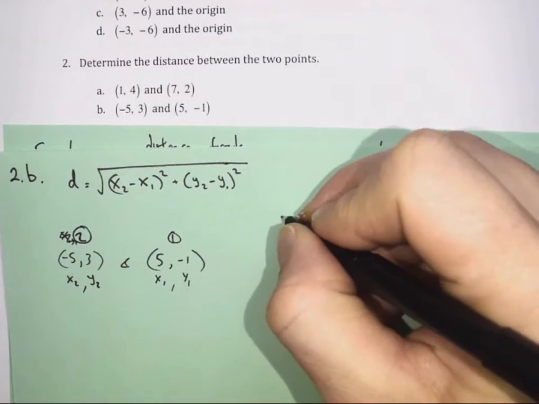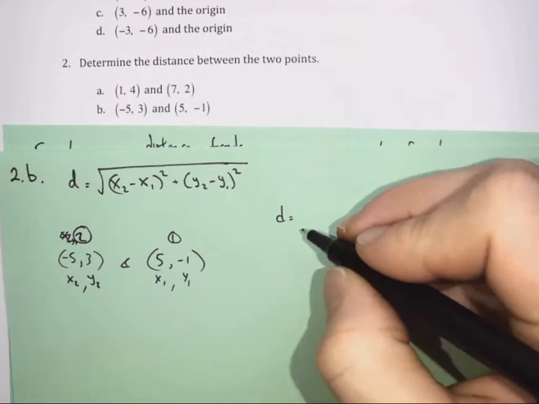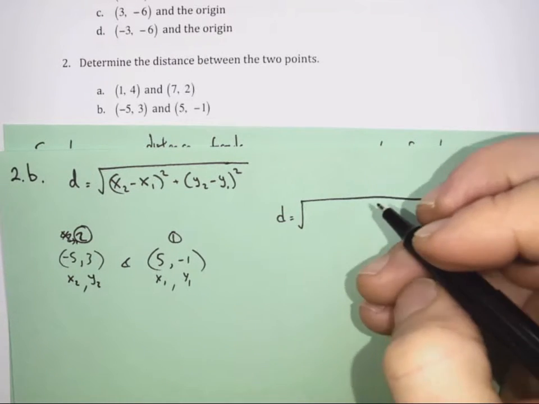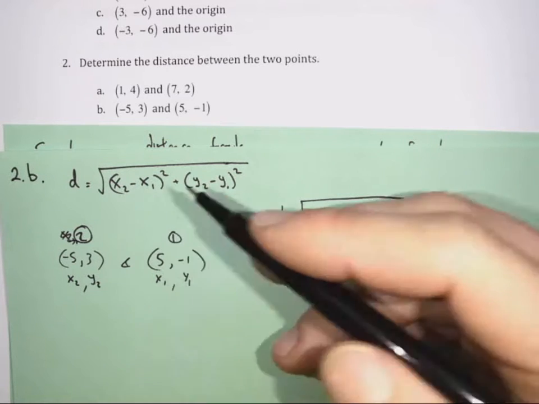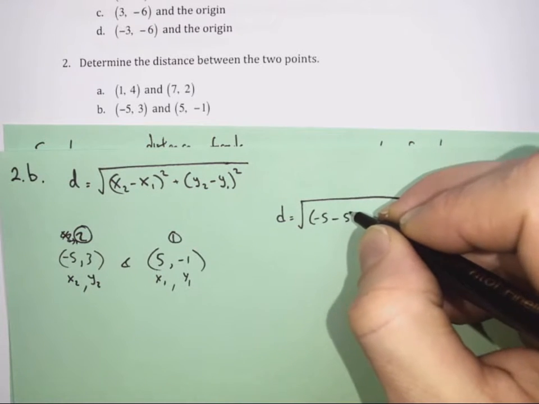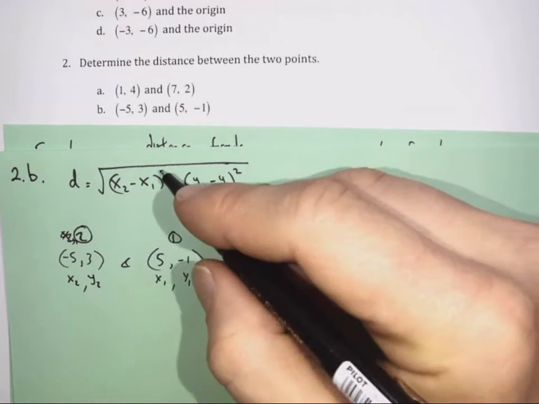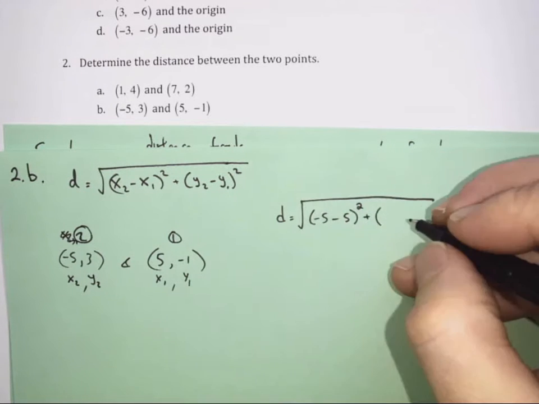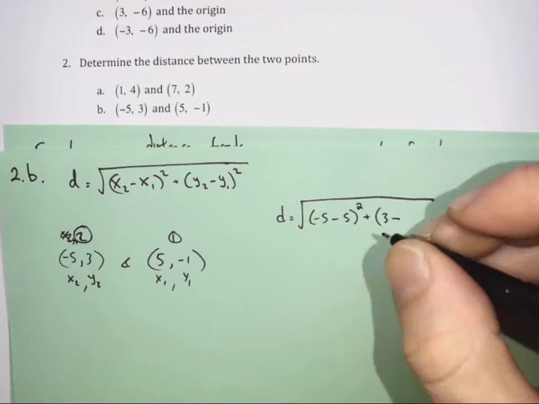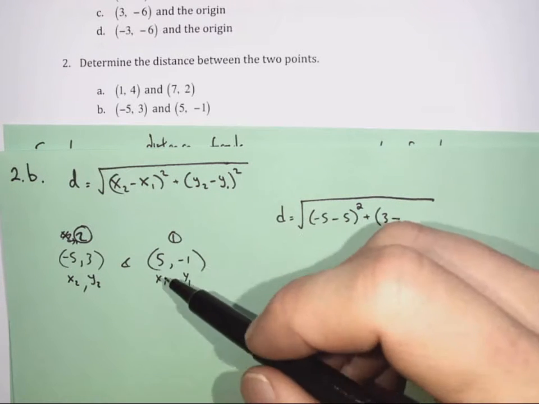And I'll say, okay, that means my distance is the square root of x2, -5, take away x1, which is 5, and we'll square that. And then we'll add y2, which is 3, take away y1, which is -1.